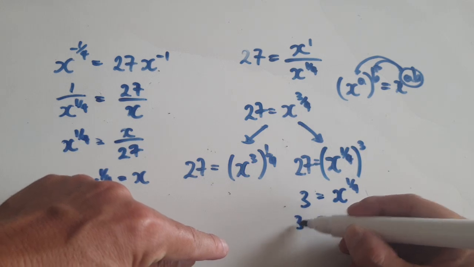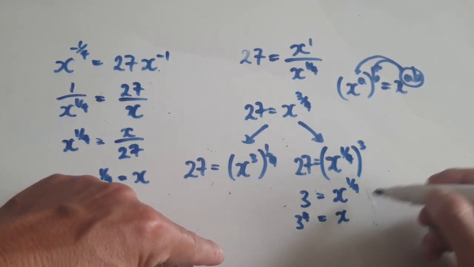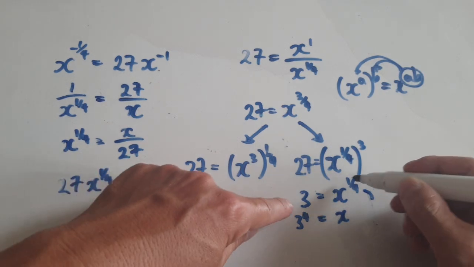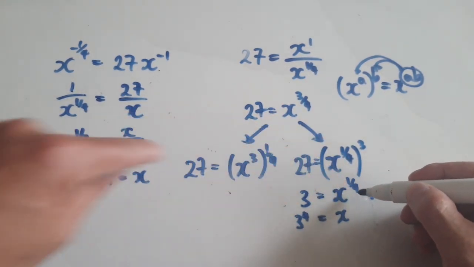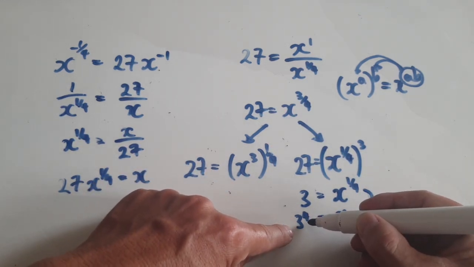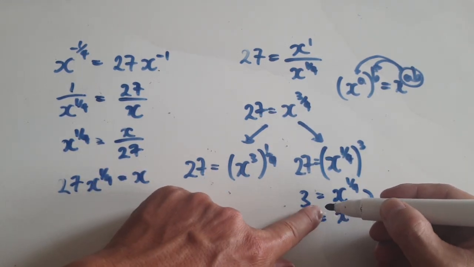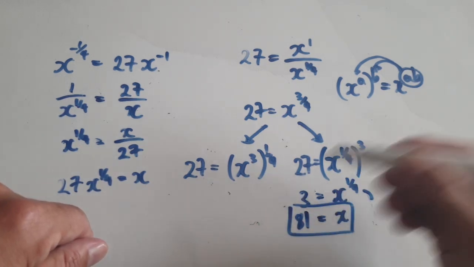So this will be 3 to the power of 4, and this will be x. Remember, you're multiplying by itself 4 times to get rid of this to the power of a quarter. So that would then be this thing here. So the answer is 81. So x equals 81. Okay.